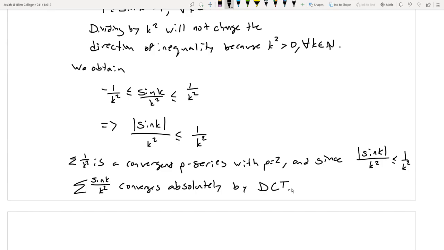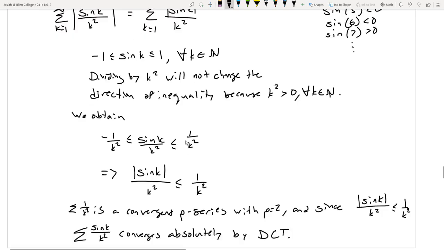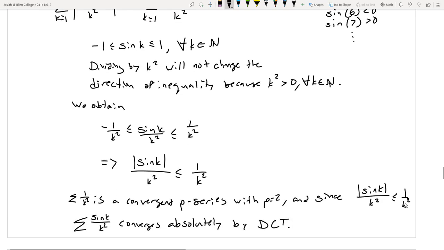So we're able to show that applying the absolute values, our terms are less than that of a series that's known to converge, which means by direct comparison test, we know this converges.